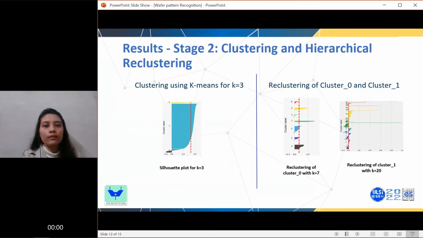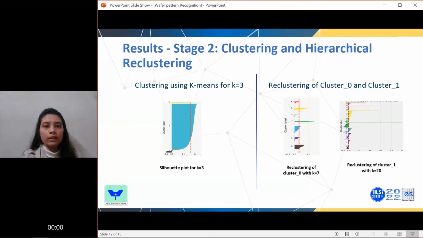Upon qualitative evaluation of D2, cluster 2, shown in yellow color in the Silhouette plot, is found to have 18 homogeneous samples, and thus it is kept as it is. However, for cluster 0, shown in gray color, and cluster 1, shown in blue color, it can be seen that reclustering can reveal better patterns.